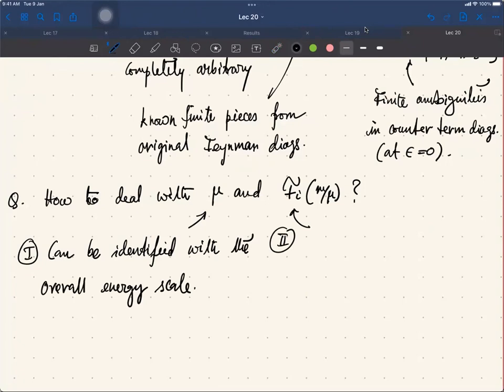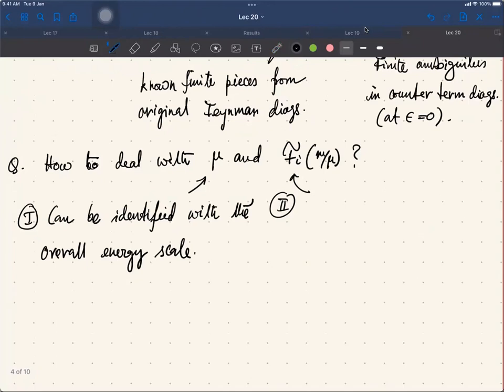And so basically, we shall see at least two scenarios of how we can fix them. But basically fixing this is in some sense equivalent to defining the renormalized coupling at a particular scale.